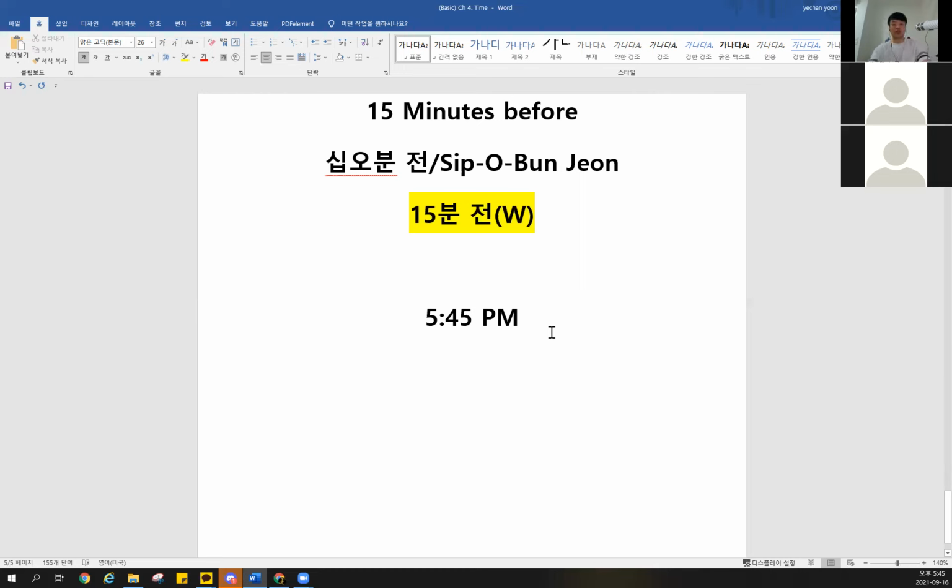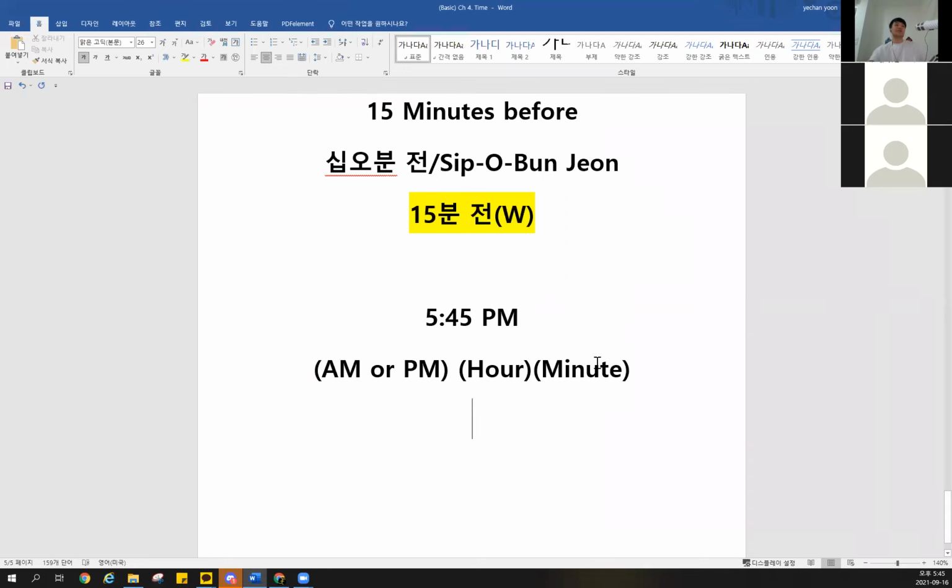I will teach you the format in South Korea for writing it down. You write AM or PM first, and then the hour, and then the minute. This is the format. How do you say PM? 오후, right? The hour is native Korean, and the minute is Sino. How can you say it?